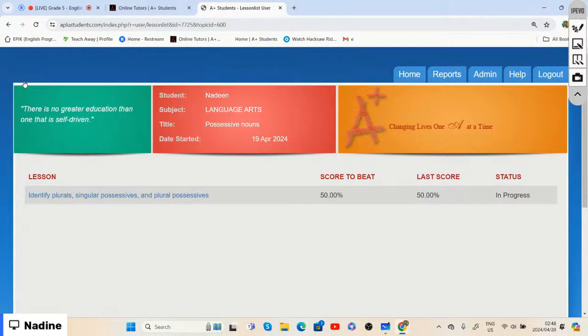And with possessive nouns, we have singular possessive nouns and we have plural possessive nouns. With singular possessive nouns, we add an apostrophe and an S to show either someone or something owns something or has something. And then with a plural possessive, we only add an apostrophe, right? Only the apostrophe, no S, because a plural possessive noun already, for example, ends with an S. All right, so this is now the end of our lesson on possessive nouns.